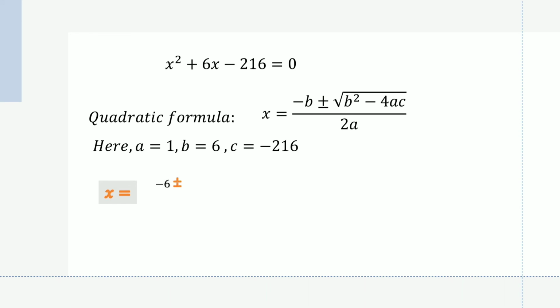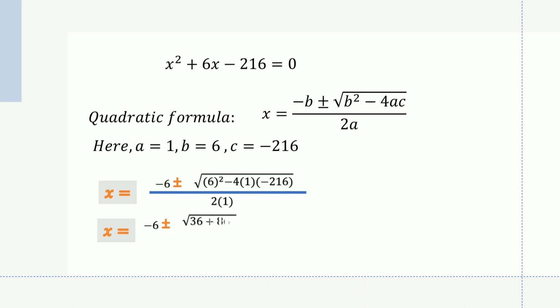Applying the respective values, x = (−6 ± √(6² − 4 × 1 × (−216))) / (2 × 1). We can solve it very easily: −6 ± √(36 + 864) upon 2.